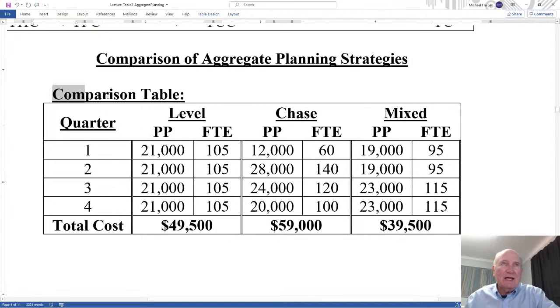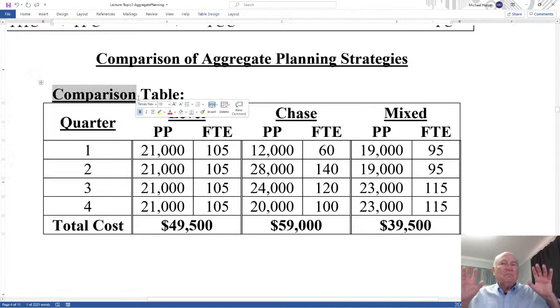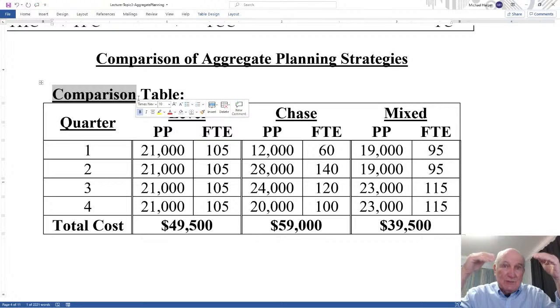So this comparison table is really where aggregate planning occurs. You say, do I want a pure level? Do I want a pure chase? Do I want a mix? What do I want? Well, the aggregate planning results in a production plan, which results in a decision. To make a decision, you need alternatives. To have alternatives, you got your comparison table. So here's where aggregate planning actually happens.